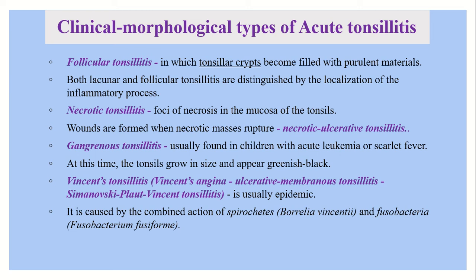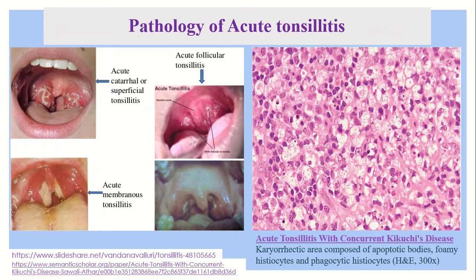At this time the tonsils grow in size and appear greenish black. Another special type is Vincent's tonsillitis, or Vincent's angina, or ulcerative membranous tonsillitis, or Simanovsky-Plaut-Vincent tonsillitis, which is usually epidemic and caused by the combined action of spirochetes and fusiform bacteria, Fusobacterium fusiforme.